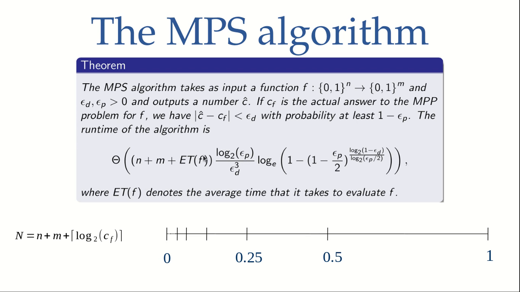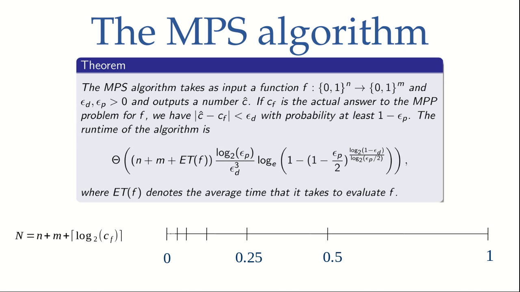And this ET of f is the average evaluation time of the function f. So in particular, if f is a function that can be computed in polynomial time, then also all of this here is polynomial in the size of the function.